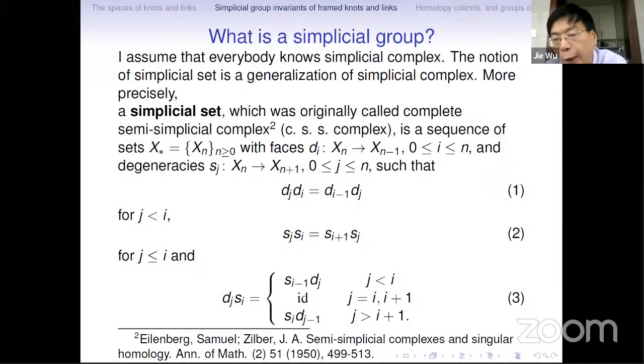some notion of the so-called semi-simplicial complex, later on called the simplicial set. So it is a kind of combinatorial model of CW complex structures. Here X_n, you can think of as the set of n-simplexes, and the faces will be indexed.